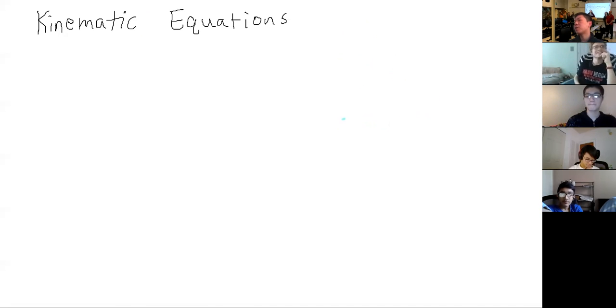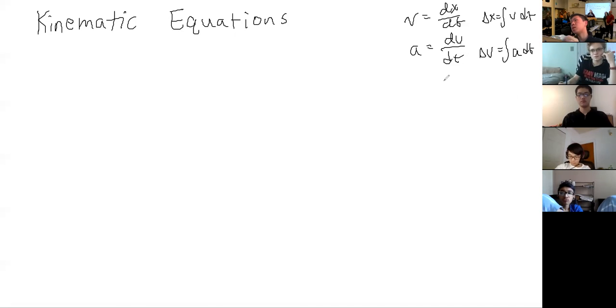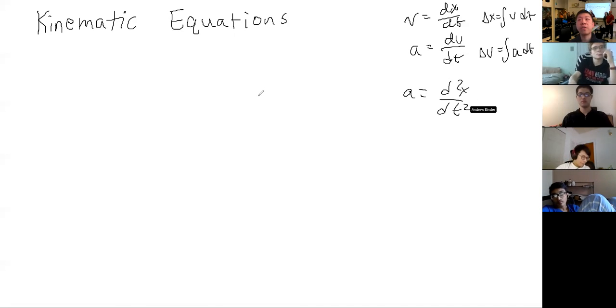So now we can actually, with these definitions in mind, v equals dx/dt, a equals dv/dt, x equals the integral of v dt, and delta v is equal to the integral of a dt. With these definitions in mind, we can actually start deriving some of these kinematic equations.